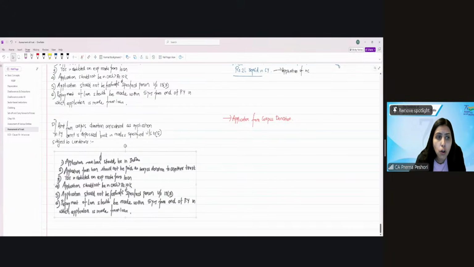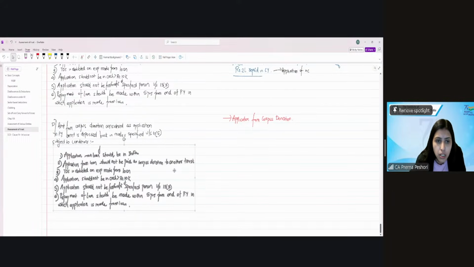The application should not be in cash. Application should not be for the benefit of the specified person, and the investment back into the corpus in 11.5 modes should be within 5 years from the application from the corpus. Are we getting this point?